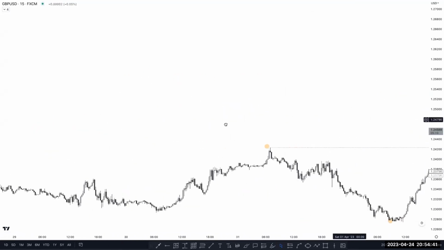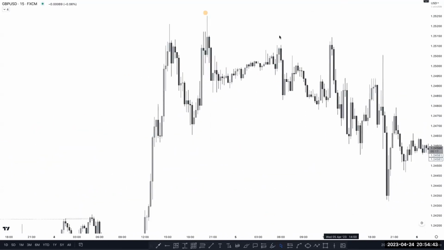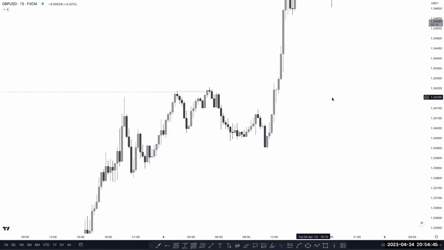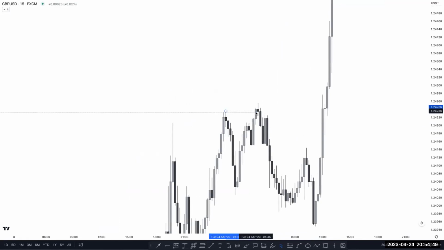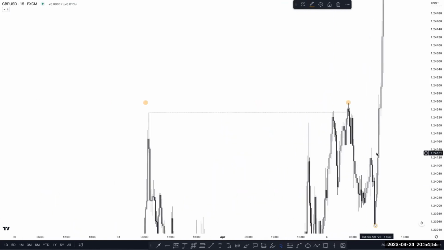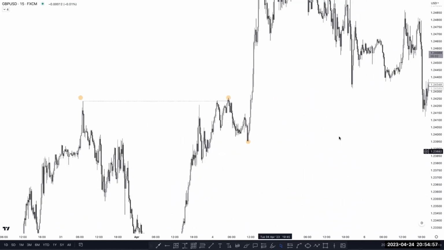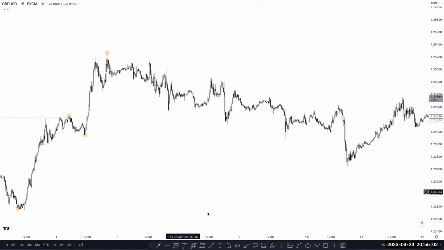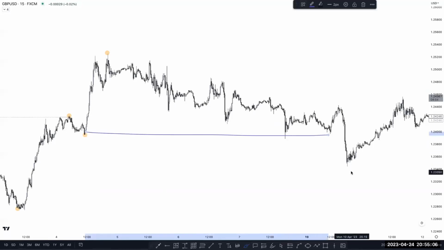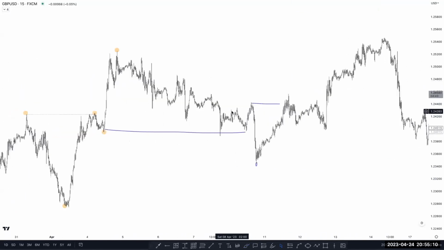Let me check this candle. If candle closer, so this become our higher high. Is this a very rare closing? You can mark this one higher high and higher low. Higher high, CHoCH, create lower low, taken out the inducement.